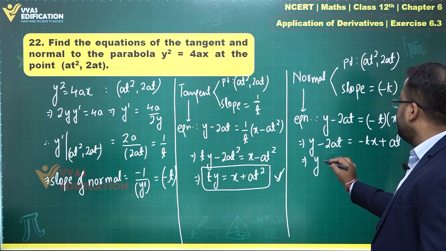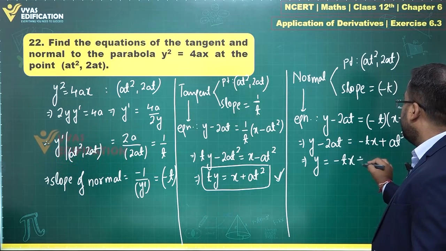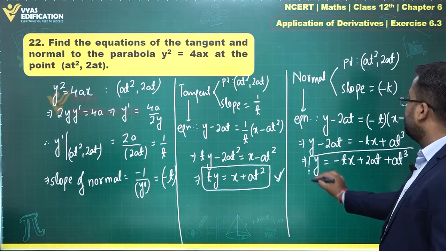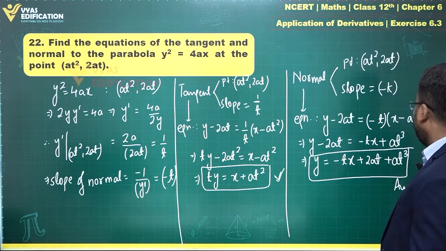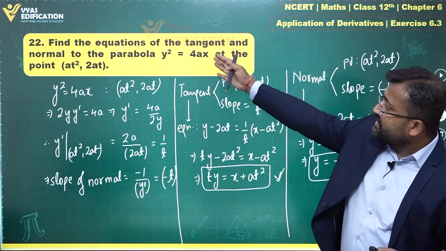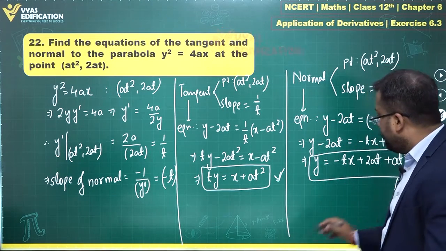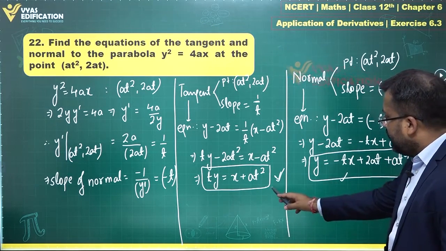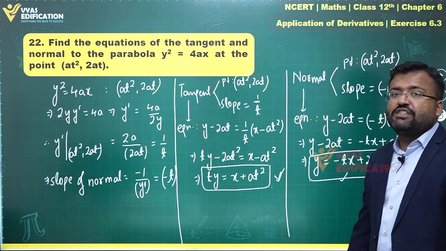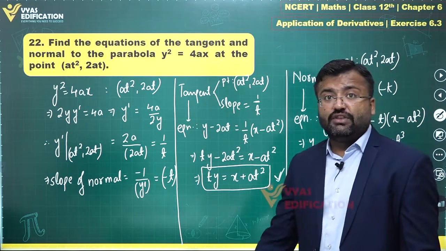This becomes y = −tx + 2at + at³. This is what you get, and that's the required equation of normal for this standard parabola at this parametric point. That's the final answer for this question. You can remember these two equations for solving questions in the JEE examinations directly on the basis of this.